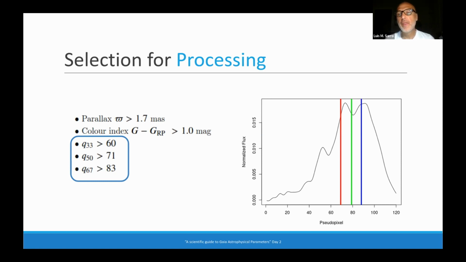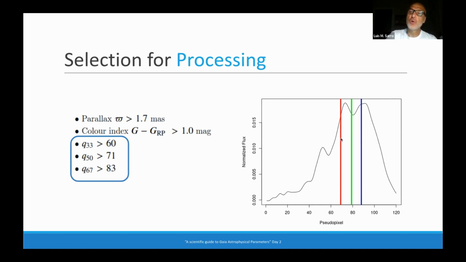We require that the pixel at which we attain 33% of the total RP flux is greater than 60. I'm showing these values for one spectrum. On the right, this would be the spectrum of, say, an M7 source. So this would be the limit of the definition of an ultra-cool dwarf, so to speak, the hottest and bluest RP spectrum that we can see in our catalog.